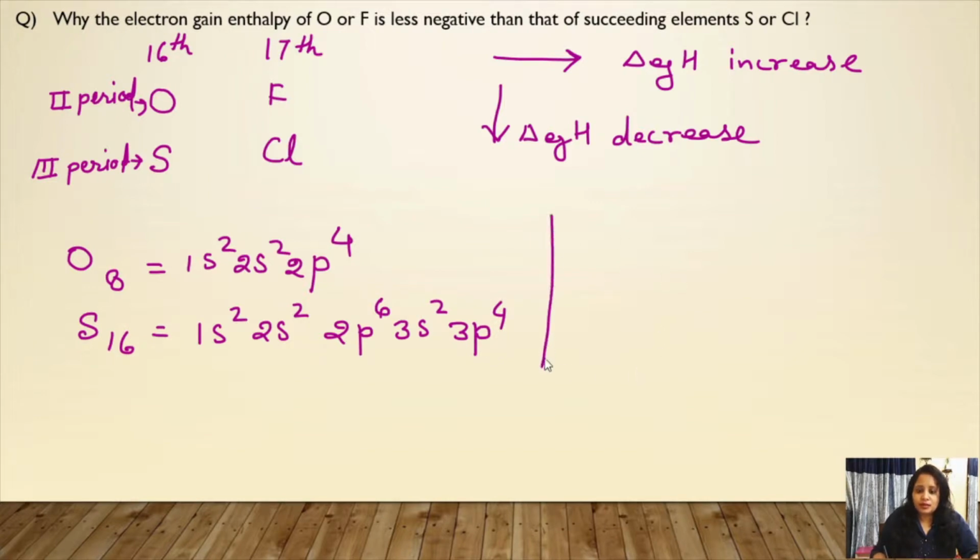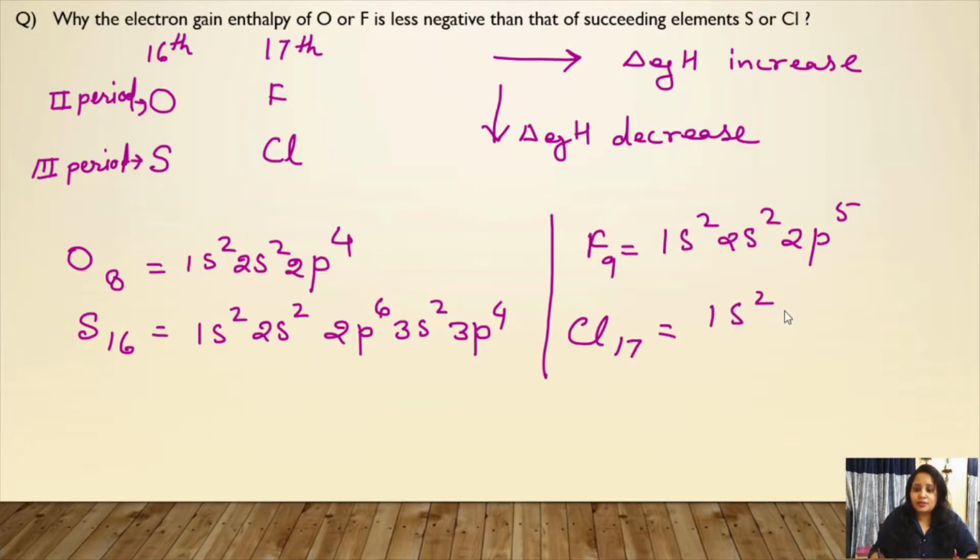In the same way we can write for fluorine. It is 9 electrons. 1s2, 2s2, 2p5. And for chlorine, it is 17 electrons. So the configuration should be 1s2, 2s2, 2p6, 3s2 and 3p5.